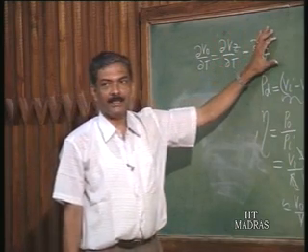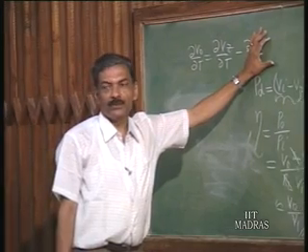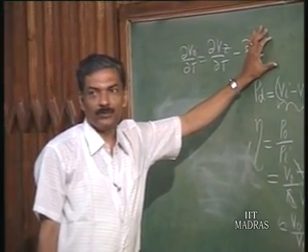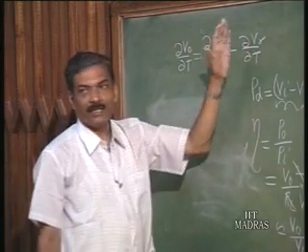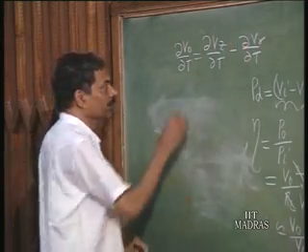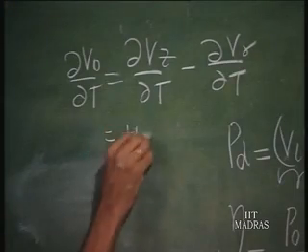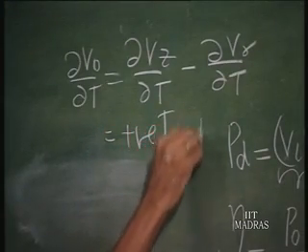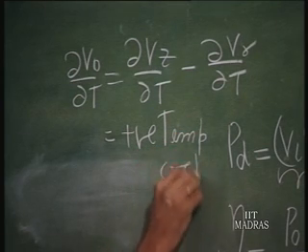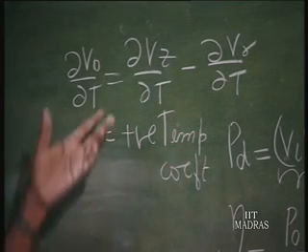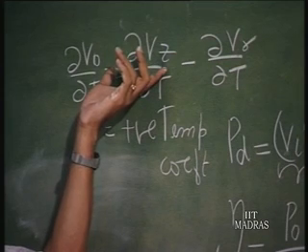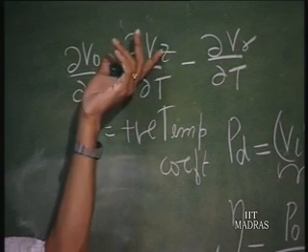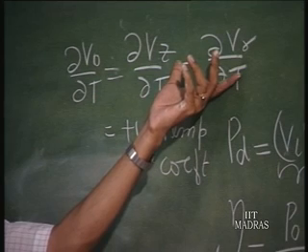And delta V gamma by delta T is already known to us as about minus 2 to 2.5 millivolts per degree centigrade. So, effectively this will have a positive temperature coefficient. If the Zener voltage is lower than about 5 volts or so, then the Zener mechanism dominates and this will be negative, and with this negative sign, will be positive.